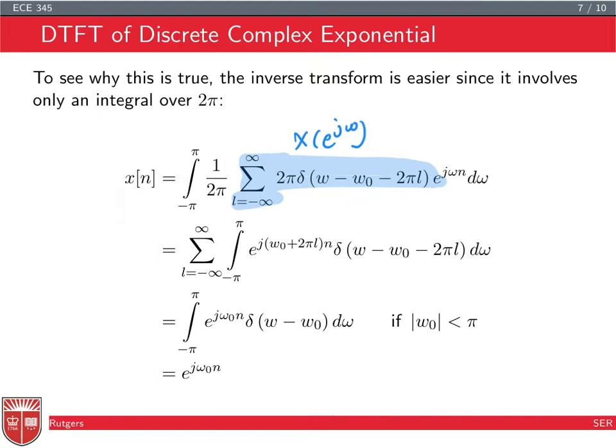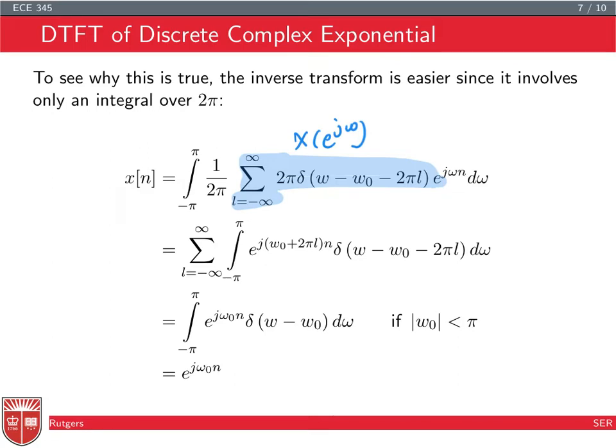We know that x of n is the integral from negative pi to plus pi of 1 over 2 pi, times the sum over L from minus infinity to plus infinity of 2 pi delta(omega minus omega 0 minus 2 pi L), times e^(j omega n) d omega.